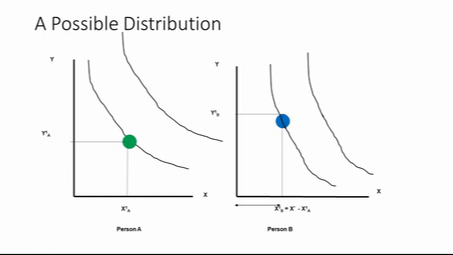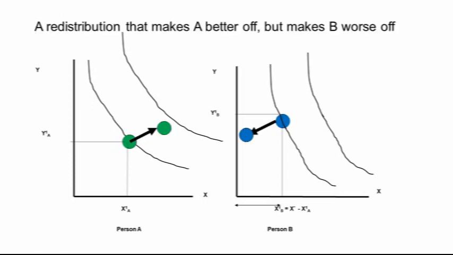And so what happens if we make a redistribution? So let's say, for example, we give person A more of both good X and good Y. So person A moves from that initial X1A, Y1A to the green dot that's further out, both in the horizontal and the vertical direction.